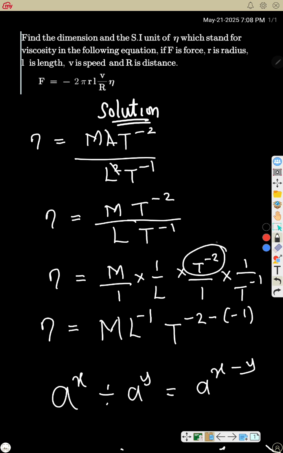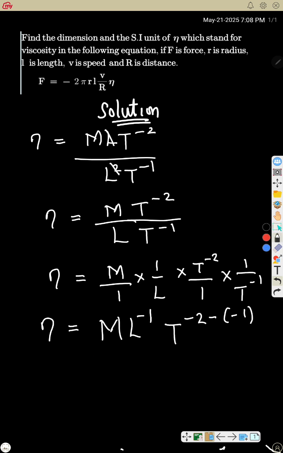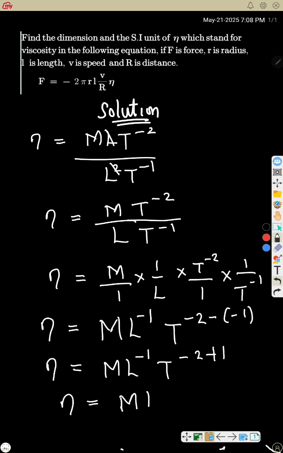Now T raised to power minus 2 divided by T raised to power minus 1 is T raised to power minus 2 minus 1. So follow the rule. So now the viscosity is M L raised to power minus 1 T raised to power minus 2 plus 1, that will be M L raised to power minus 1 T raised to power minus 1.